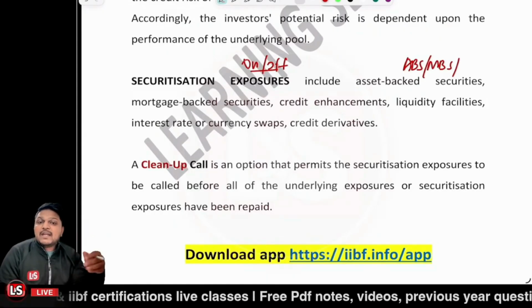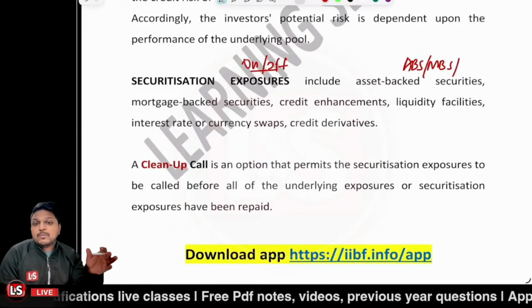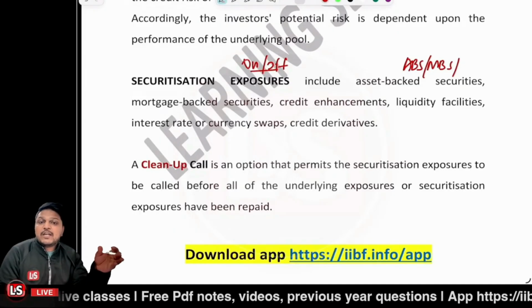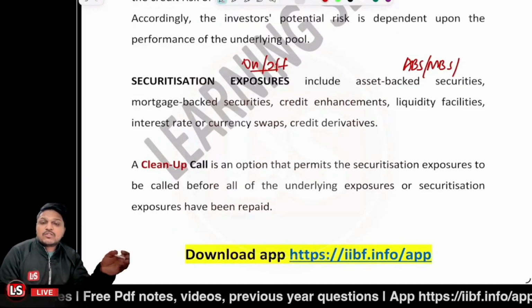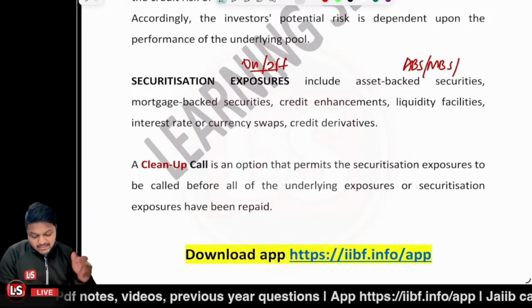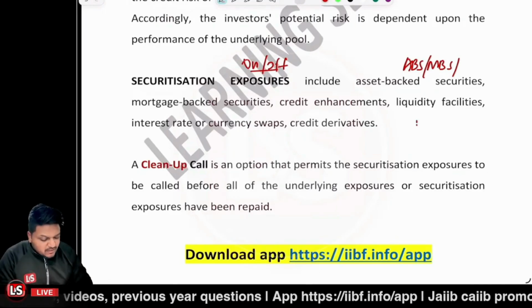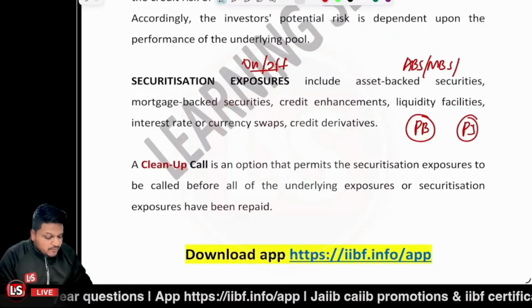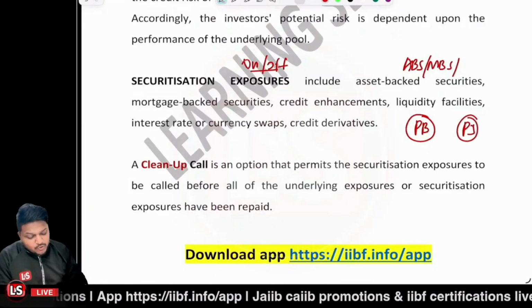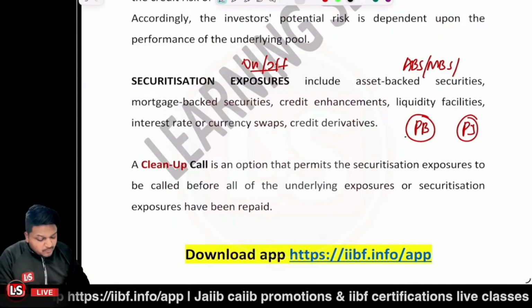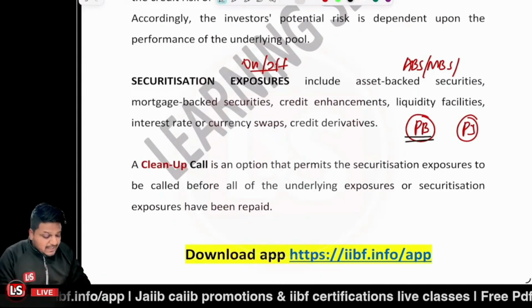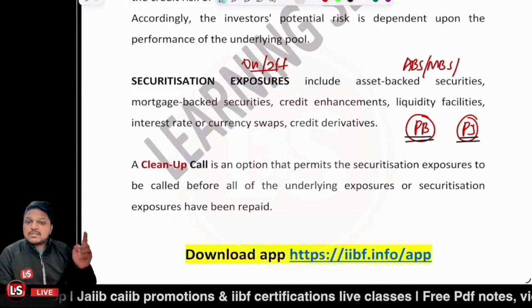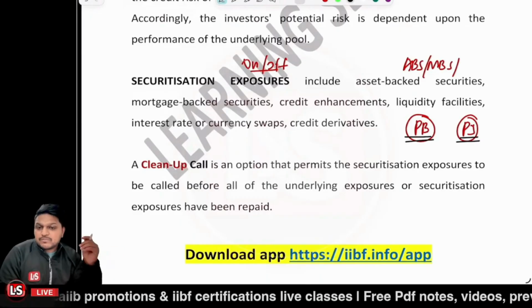It could be credit enhancement, the support provided to improve the credit quality of the securitization tranches. If one bank is the protection buyer and the other bank is the protection seller, we are talking about securitization exposures. It can be there in the books of the protection buyer, and also in the books of the protection seller. All are to be covered.